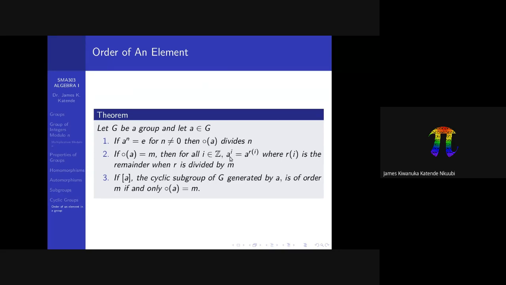Once you know the order of an element in the group, then you can compute any power of that element easily using this statement, where A raised to I will be equal to A raised to Ri, and Ri will simply be the remainder when I is divided by M. You can still hear me? Yes. Good.